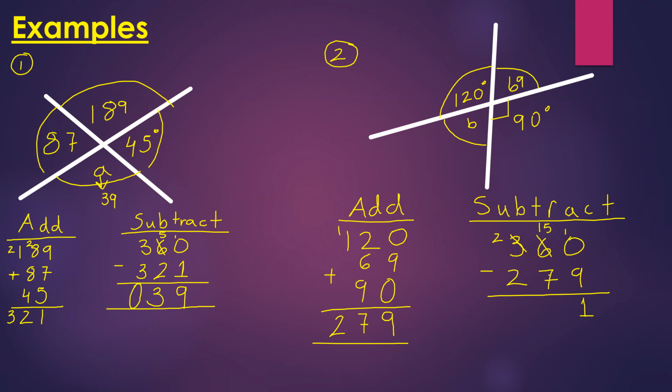Yes, ma'am. And 2 minus 2 is what? 0. So B is equal to 81. Very good. All right. Any questions on this? Before we move on, please let me know if you have any questions.